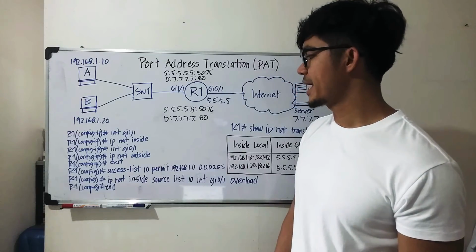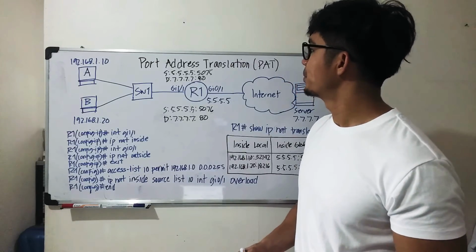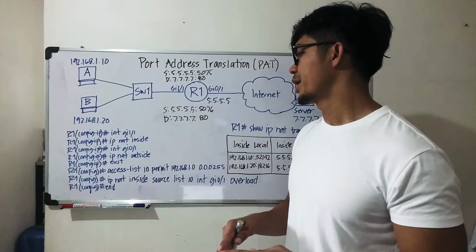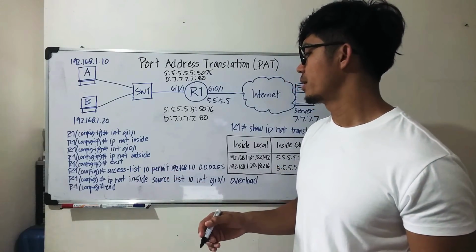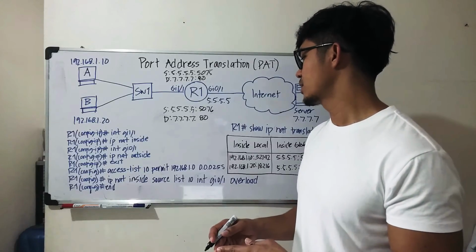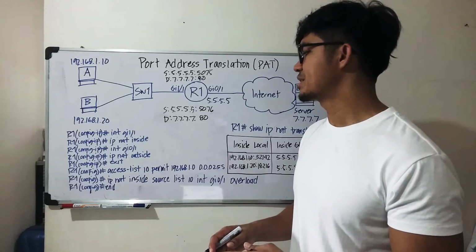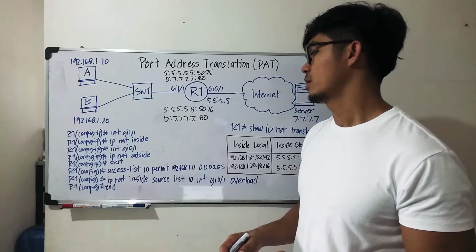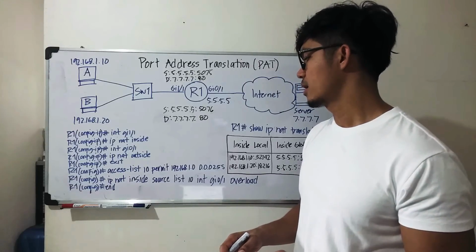And just like dynamic NAT, we just have to define our subnet that we need to be translated into public IP addresses.